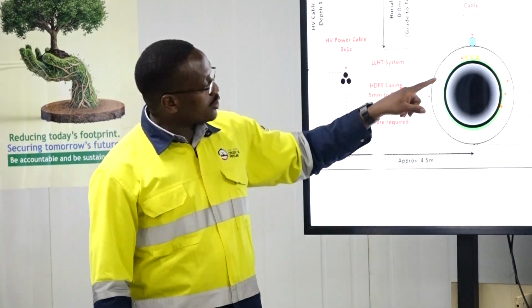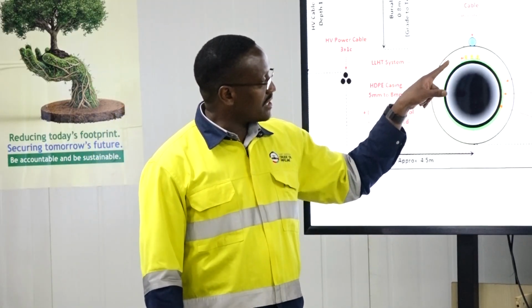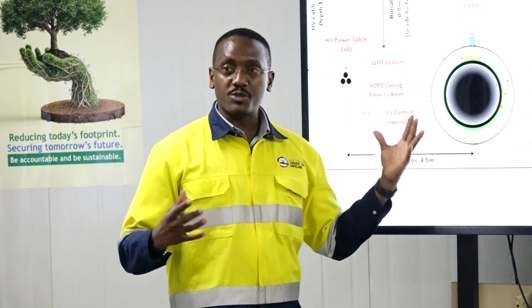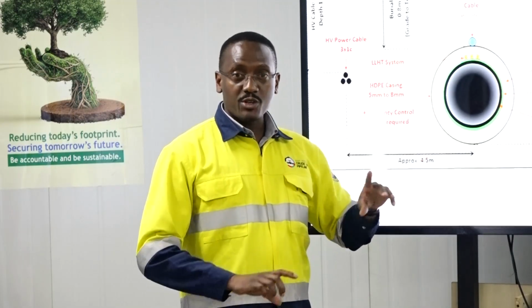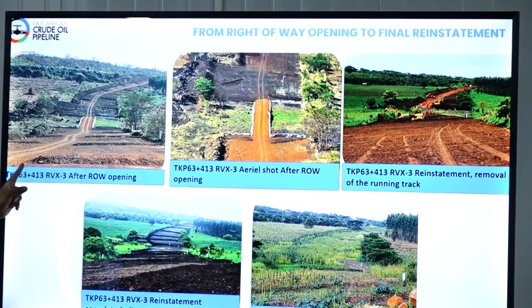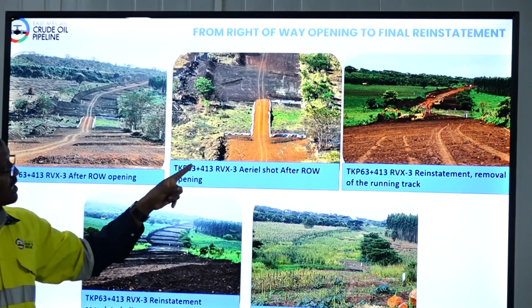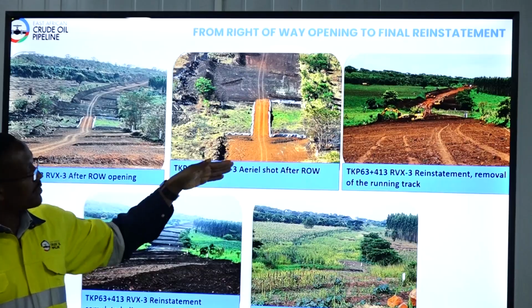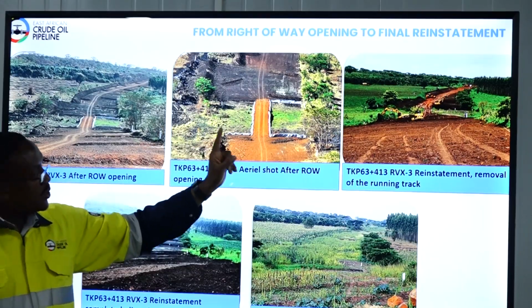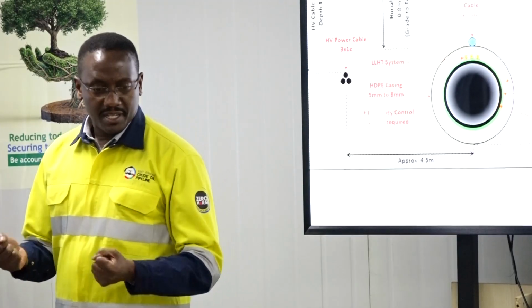Then after the fusion bonded epoxy, to ensure that we do not lose heat to the environment, we have foam around the pipe. This polyurethane foam is just like what we have in mattresses, but specialized foam. So you cannot lay a pipe with that foam; it will get damaged.